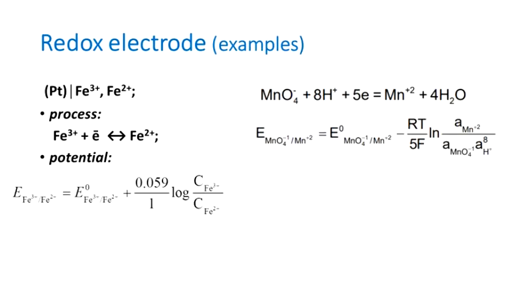For example, platinum, which is placed in solution containing Fe3+ and Fe2+. And Nernst equation to calculate potential of this electrode is given. Sometimes processes are more complex and hydrogen ions or OH ions take part in these processes. In this case, Nernst equation for calculation of this potential is a bit more complex too. You could see this at the second example.